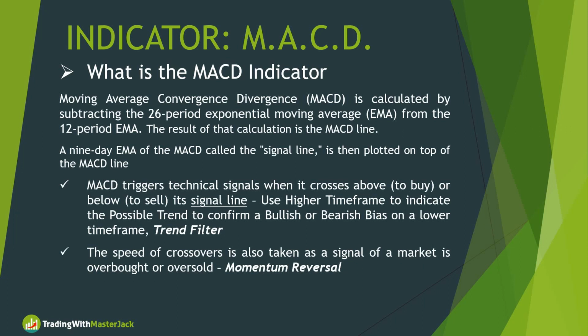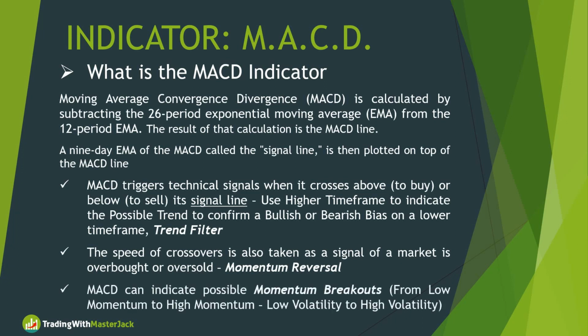I'll be showing you some examples just now. MACD can indicate possible momentum breakouts from low momentum to high momentum, which is low volatility to high volatility, which you have heard me speak of in previous videos. So let's get into some examples of these 3 points.